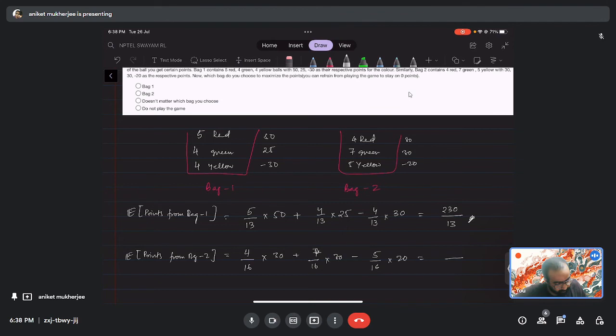So I think this gives you 120, 210 minus 100, which is 230. This also gives you 230 (over 16).